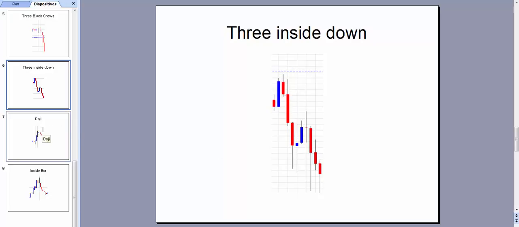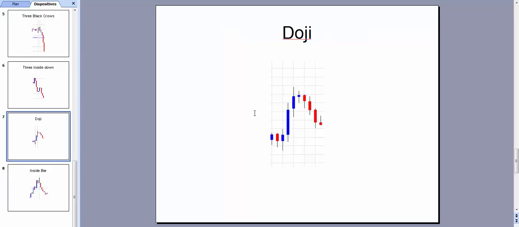We move on to another one, which is the doji. The doji pattern is a candle that has a small body or just a line, and two shadows on both sides, a shadow to the upside and a shadow to the downside.